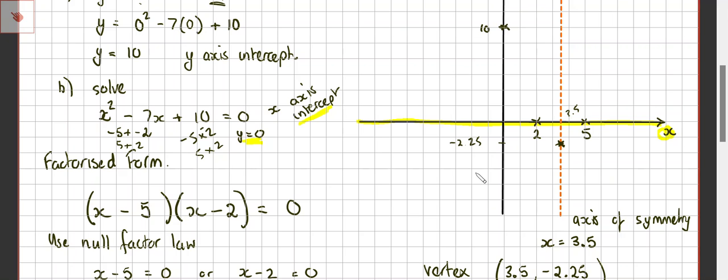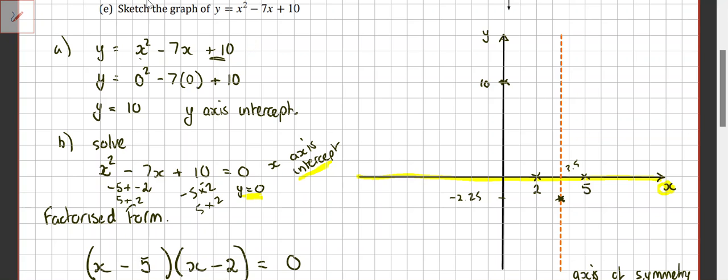So I know my line, and this is, I guess, the final important bit, when you've worked out these super important parts. You've got this point here, and we've just worked out that point. When we sketch, we could go across, 3.5, 3.5.